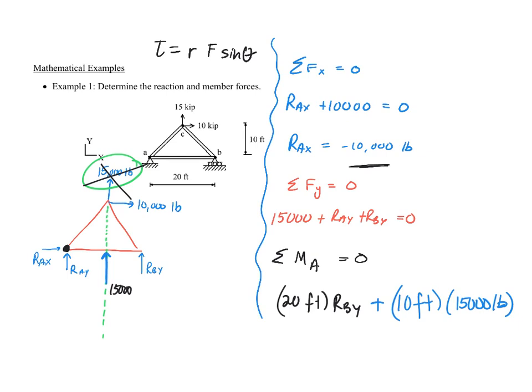We can slide a force anywhere along its vector's direction. So I could slide the 10,000 pound force right or left because it's a horizontal force. Which way do you recommend I slide it? Try to look at the original diagram of the bridge, look at the way we slid the 15,000 pound force, and use that as context clues to figure out which way you would move the 10,000 pound force.